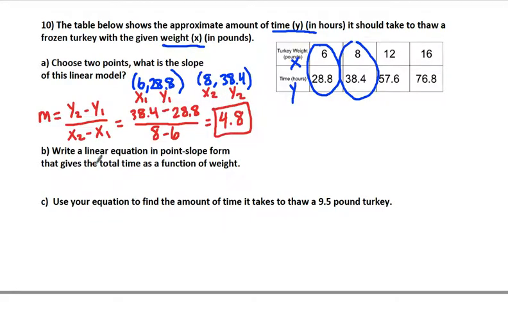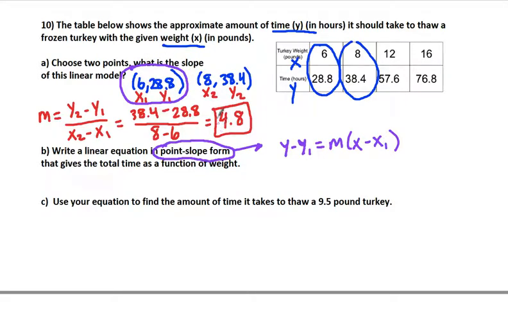Okay, part B, write a linear equation in point-slope form. Let's see if you remember what that looks like. That is y minus y1 equals m times x minus x1. Okay, so we can use this first point along with our slope, and we just plug it in here.